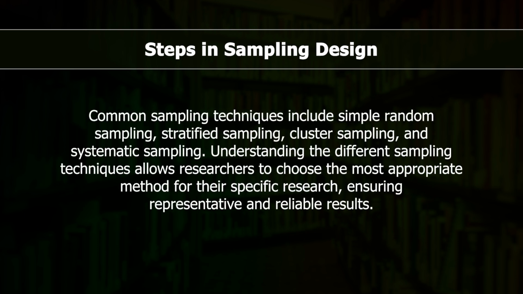Common sampling techniques include simple random sampling, stratified sampling, cluster sampling and systematic sampling. Understanding the different sampling techniques allows the researcher to choose the most appropriate method for the specific research, ensuring representative and reliable results.